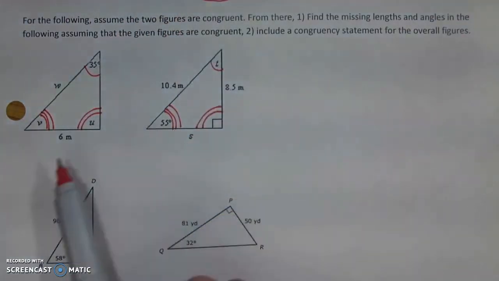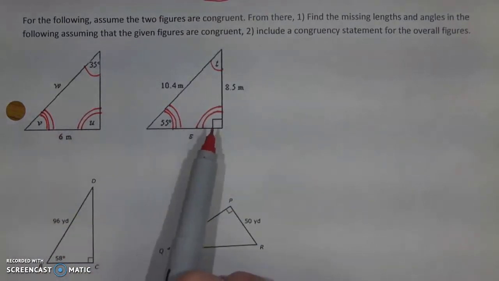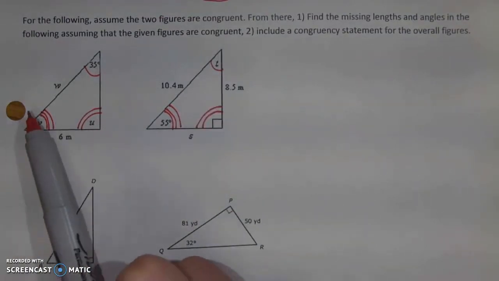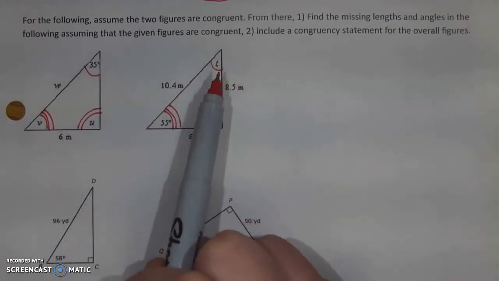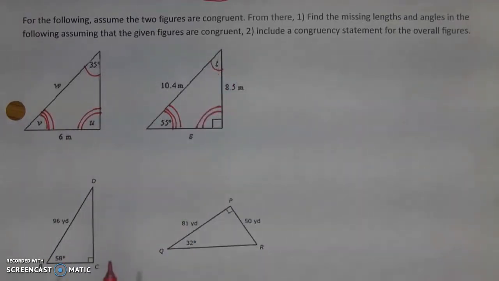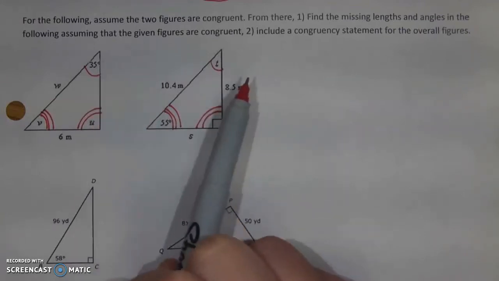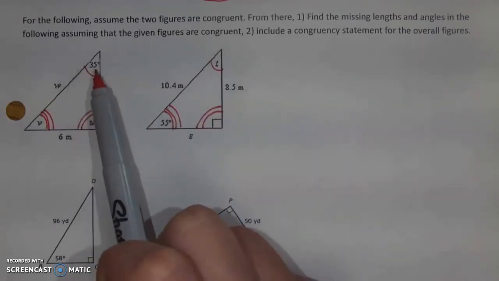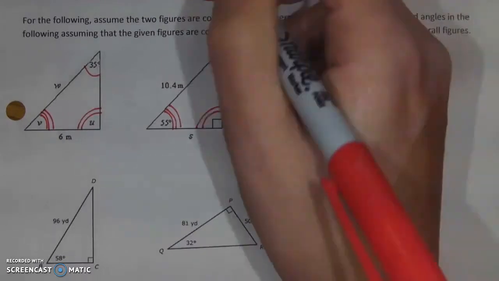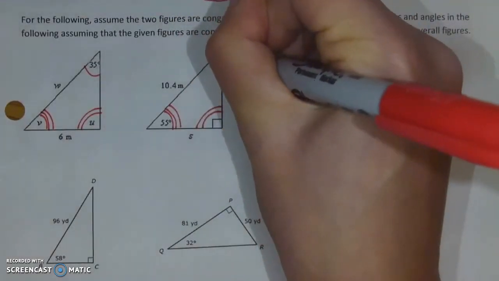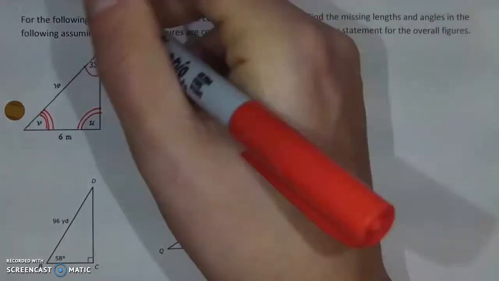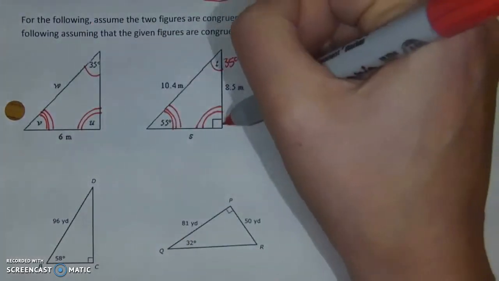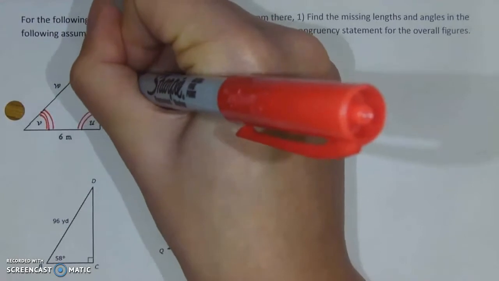And it is always good to draw in your markings right away because it's going to make the equalities very easy, and it will also save you from making silly mistakes later. So I want to see you guys draw those in wherever possible. So since these two are equal, that means that T is going to equal 35 degrees. Also, notice how this one's missing a side from here to here. Well, I know that that side is 8.5, so I can fill that in.